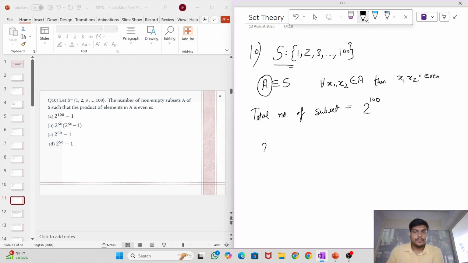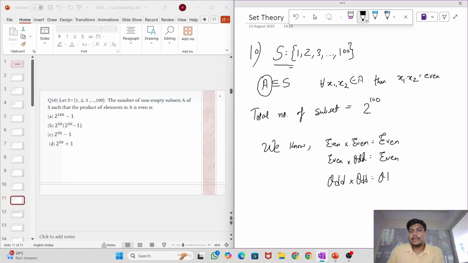Now we know that if I take any even number multiplied with another even number or itself, I would get an even number. If I take any even number and multiply an odd number with it, I'll get an even number as my answer. But if I multiply an odd number with any other odd number, then my answer will be odd. Now we want subsets where the product is even.